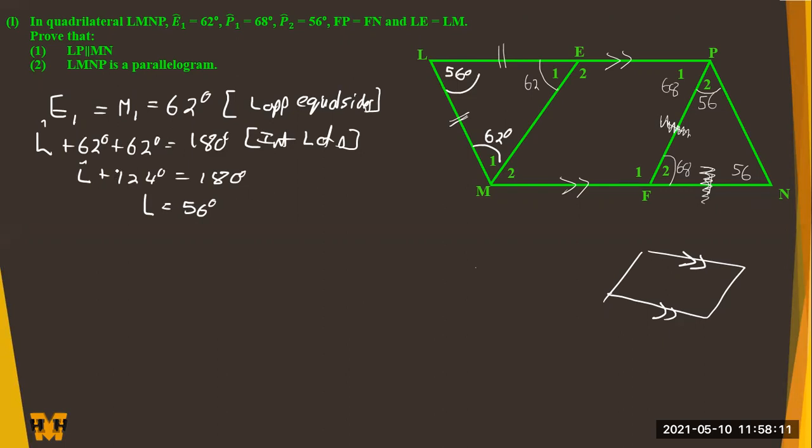And what can you see from this? We can see that opposite angles are equal now. So angle L is actually equal to angle N is equal to 56 degrees, right? L is 56 degrees, angle N is 56 degrees, and we sit now with M2.